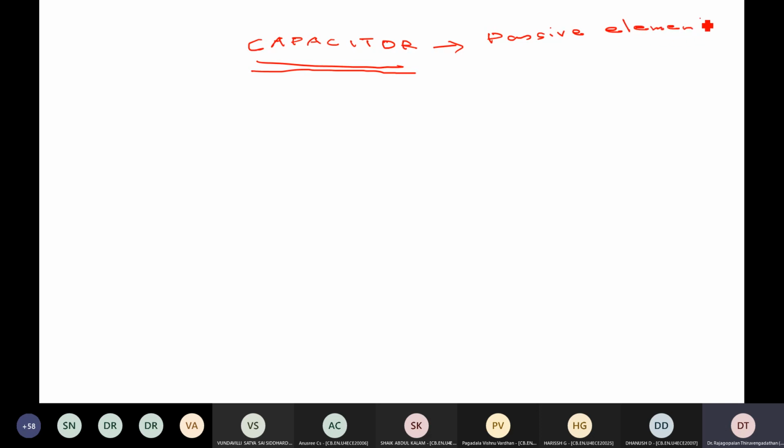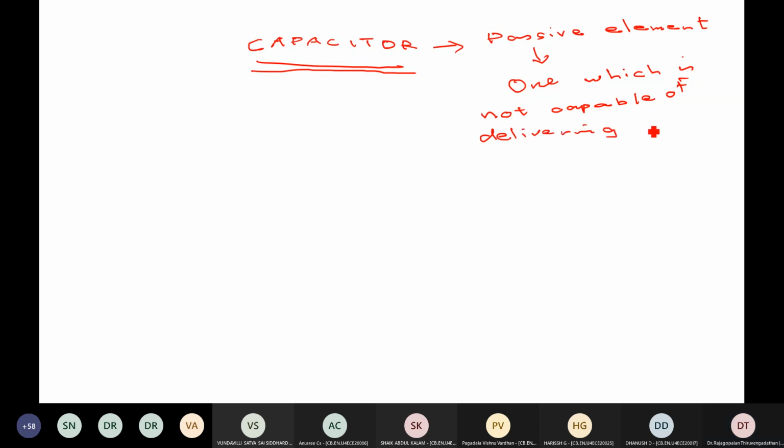So what did I mean by passive element? By passive element, we mean one which is not capable of delivering power or energy to a circuit.